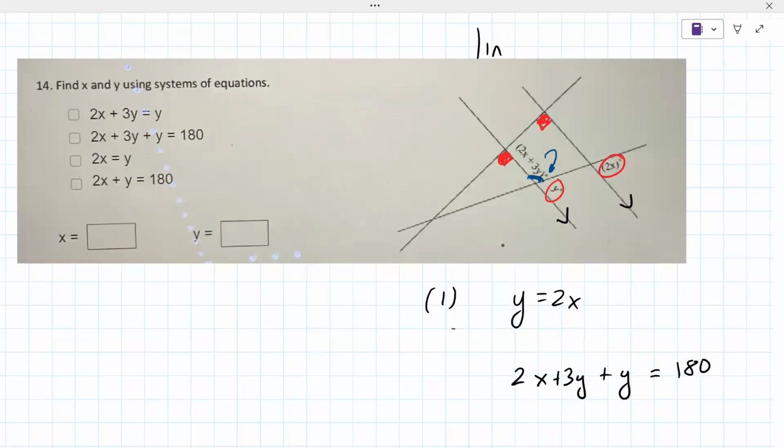Have you talked about that in class? I think so. Linear pairs when they're on the same line, there's an angle coming out like that. So we're looking for the system that matches what we have here. That's the correct box there. And that's the two equations that we have. Okay.